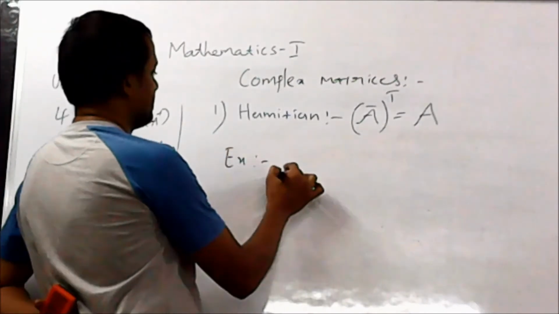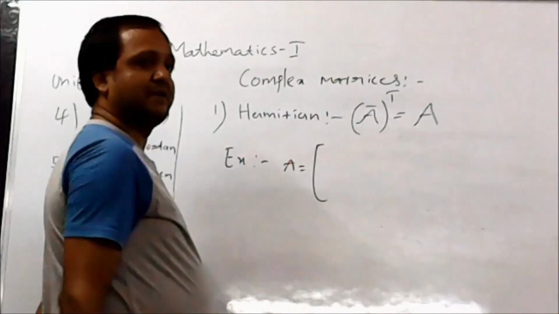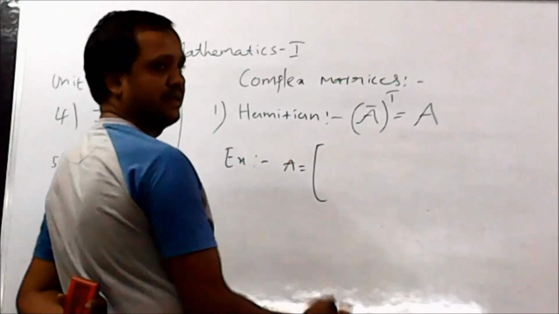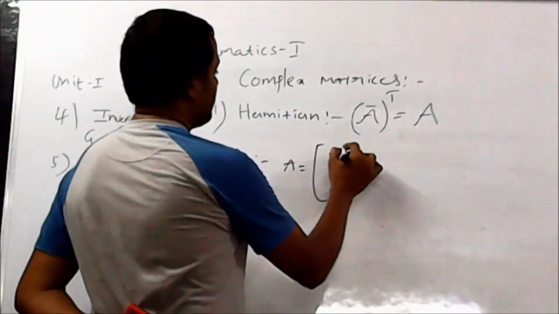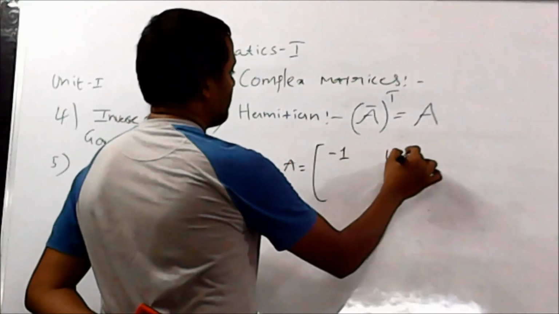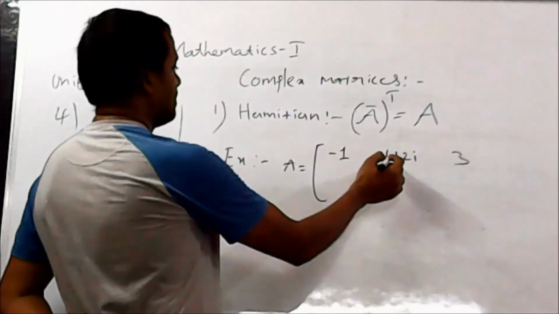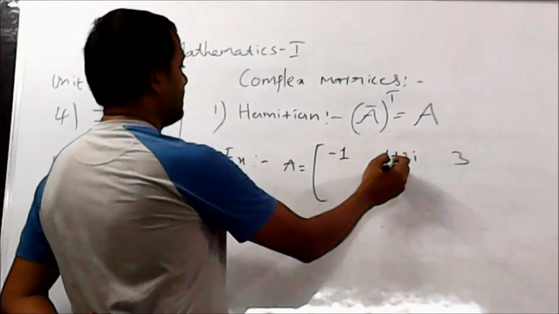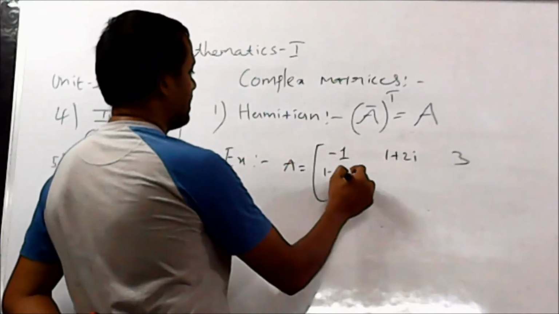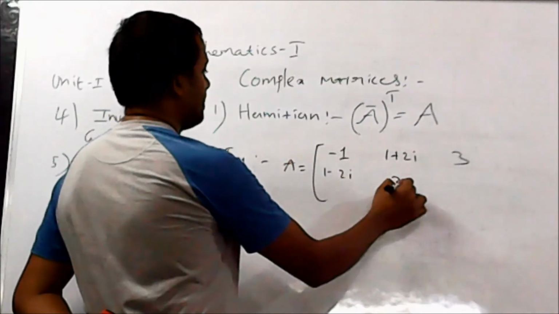So A is equal to, we will start with 2 by 2 or 3 by 3, anything you can write. Minus 1 here, suppose here writing 1 plus 2i, suppose 3. So this conjugate you need to write here: 1 minus 2i, whatever the diagonal may be.